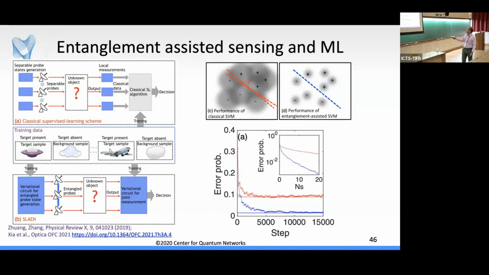And he found that you can tell apart hypotheses much better compared to just using a classical sensor with a support vector machine at the output of a homodyne detector, compared to pushing that support vector machine into the quantum domain to train both the probe state and the receiver side. And this is a very nascent area.